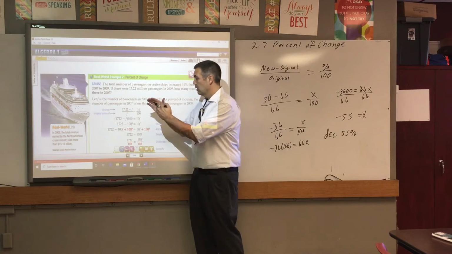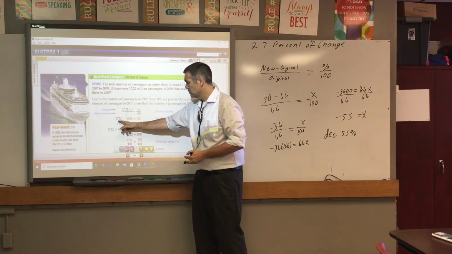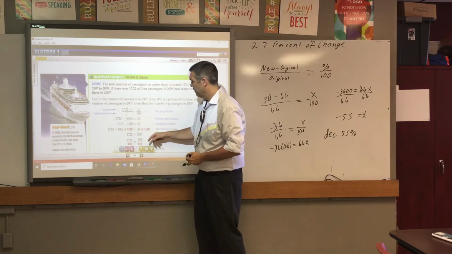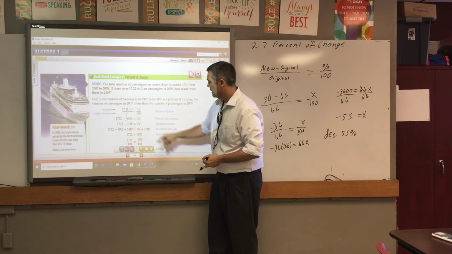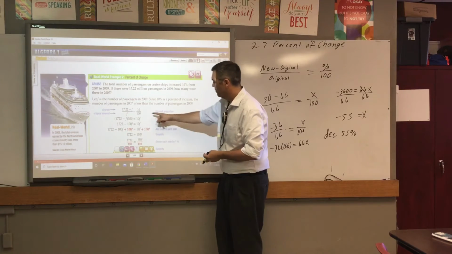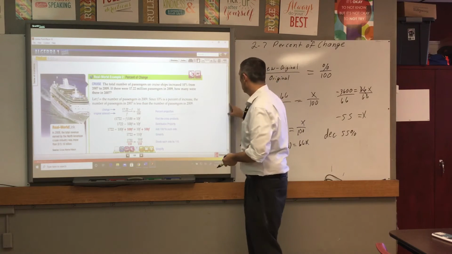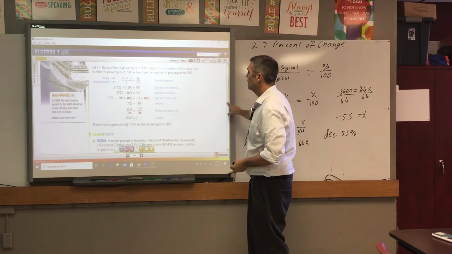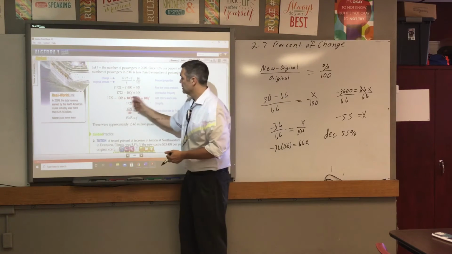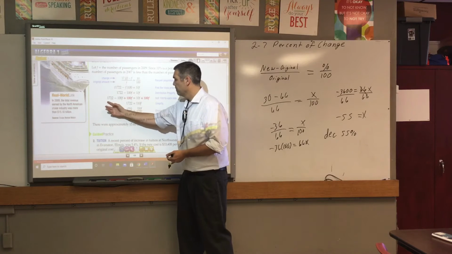Now you do cross products, 100 times this: 17.22 minus F equals 10F. Same thing here, and they keep moving through, solving the problem as you go, okay? Cross products, 1722 minus 100F equals 10F.